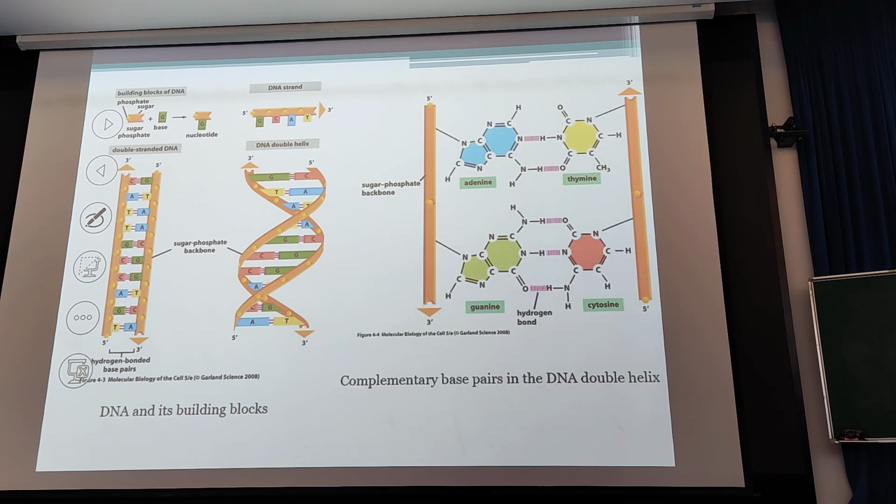Three hydrogen bonds are formed between guanine and cytosine, and only 2 hydrogen bonds are formed between adenine and thymine.